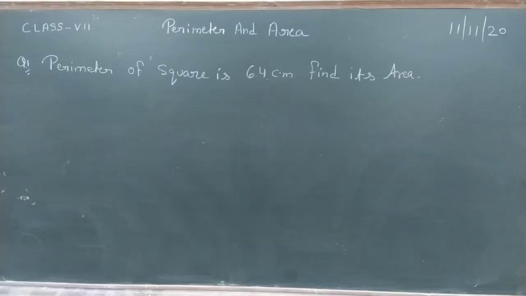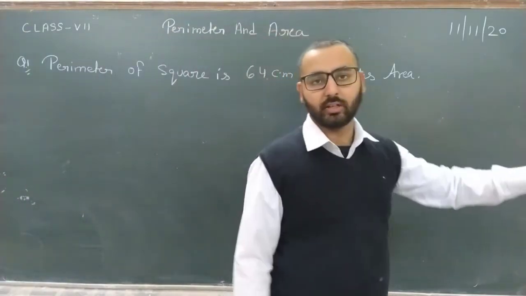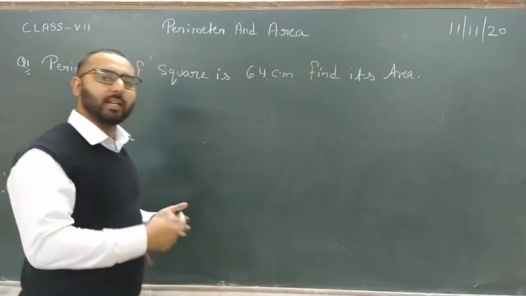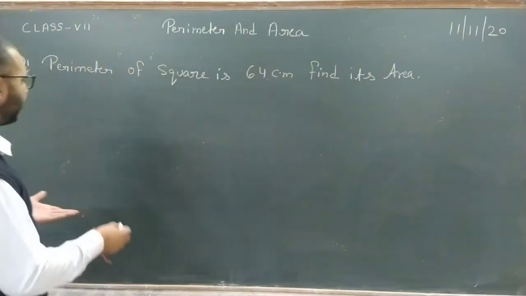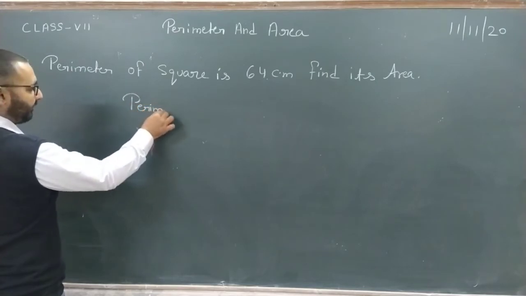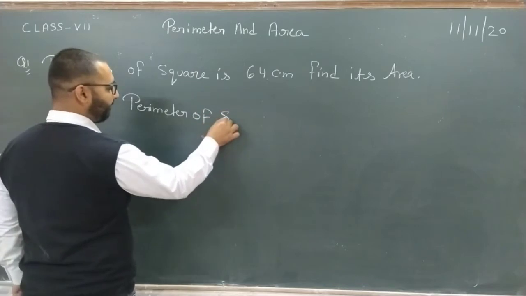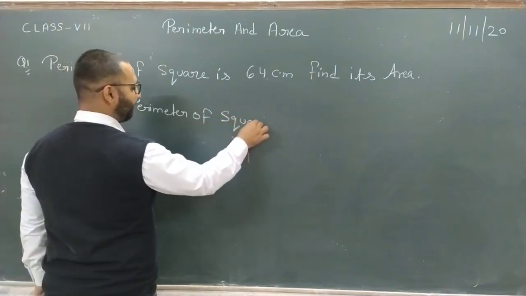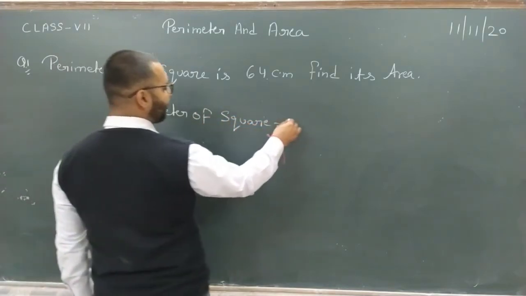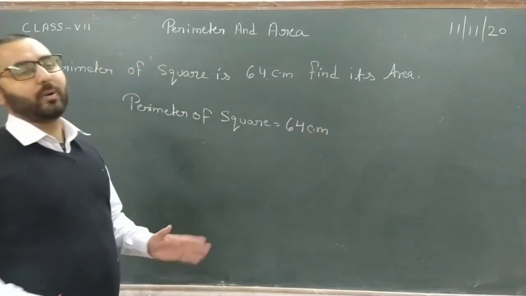So let us discuss the first example based on perimeter and area. Here the question says the perimeter of a square is 64 centimeter. Find out its area. First of all, whatever information is given to you, write that down. Here it is given that the perimeter of the square is equal to 64 centimeter. After that, check what we have to find out.